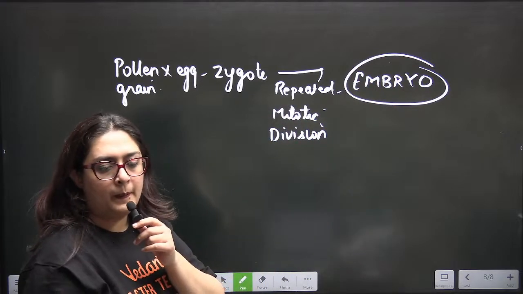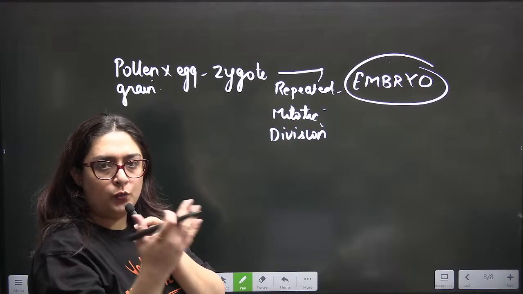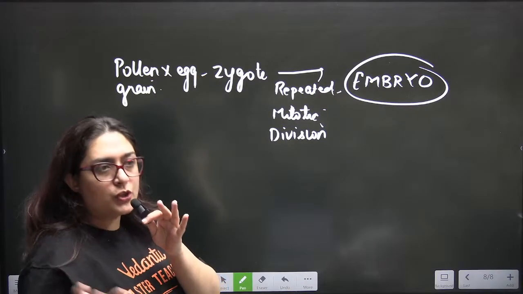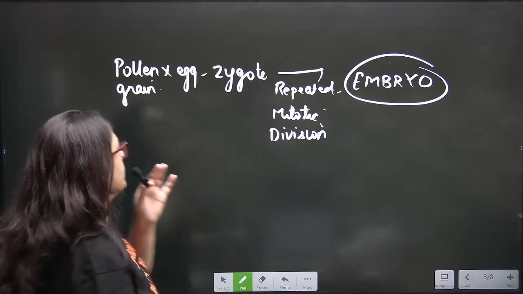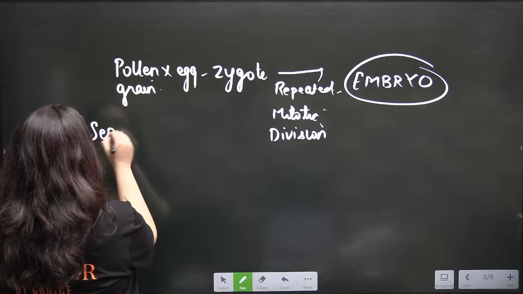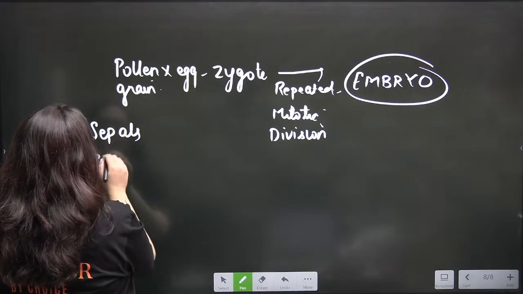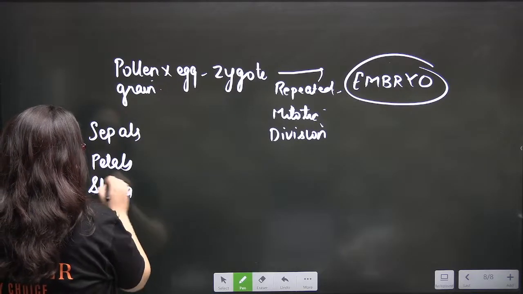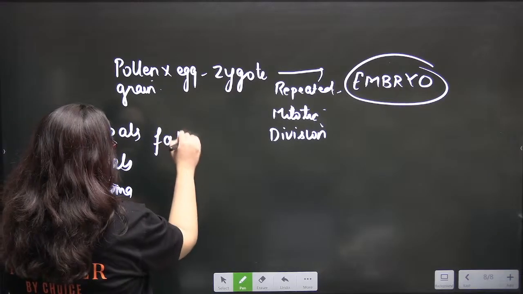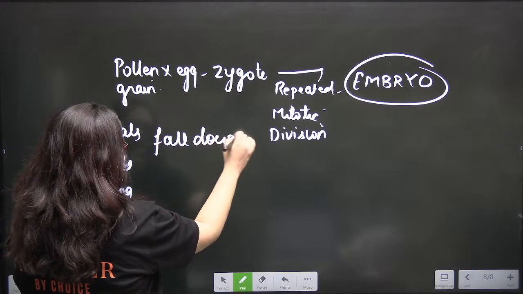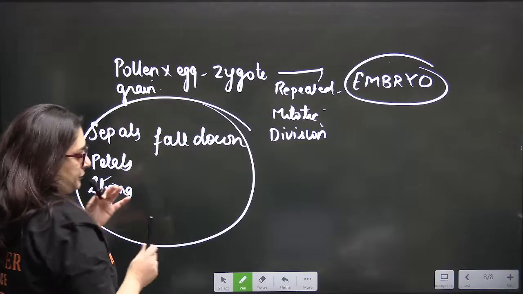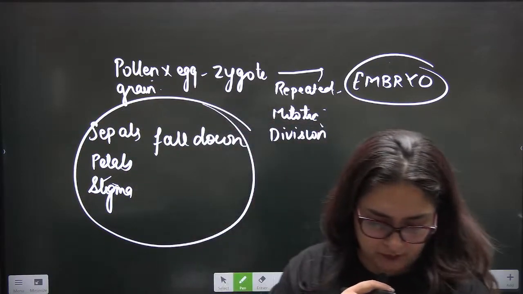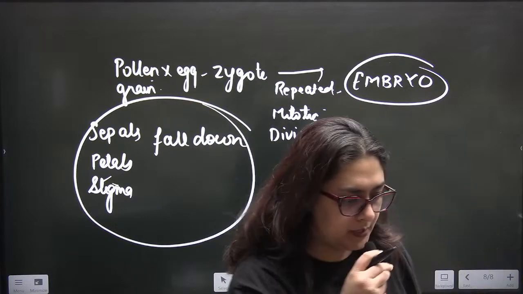Done. Ovule becomes a tough seed coat, ovary becomes a fruit, while other structures like your sepals, petals, and stigma completely fall down. Okay, is it clear?